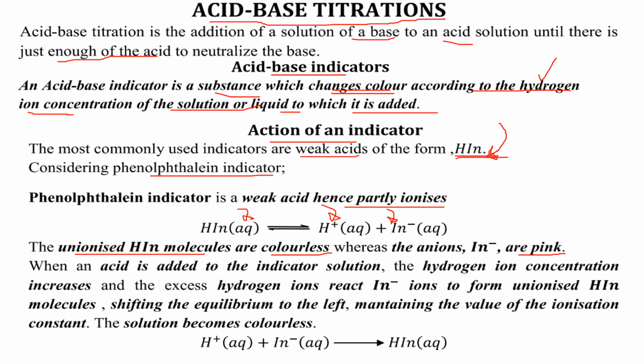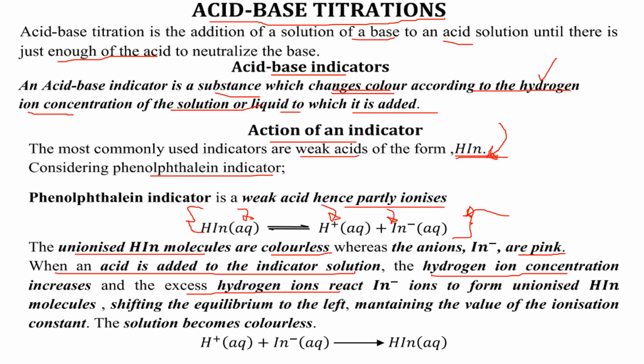Indicators are only weak acids. You don't have any indicator which is a base. Looking at the explanation, when an acid is added to the indicator solution, the hydrogen ion concentration in the equilibrium, take note, I've told you that you're going to be explaining according to equilibrium, is going to increase, and therefore excess hydrogen ions are going to be present.